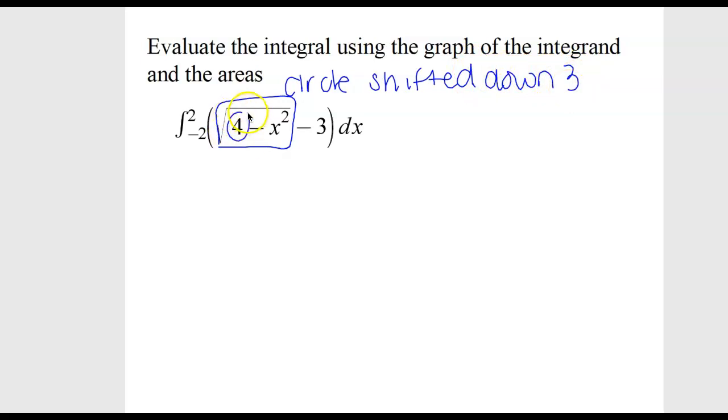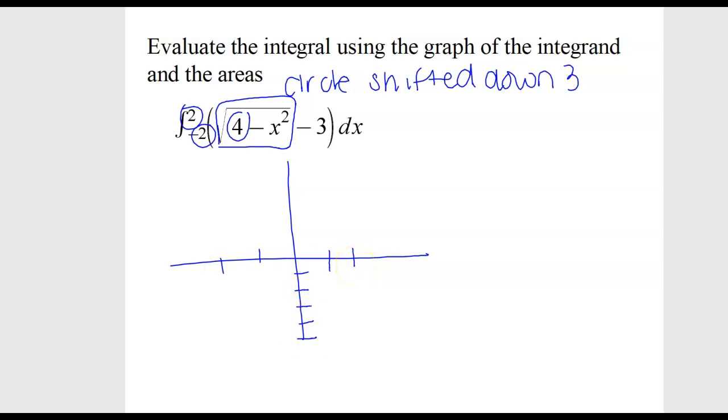Its radius is 2, so the bounds being from -2 to 2 makes this very nice. So think about a normal circle whose radius is 2.